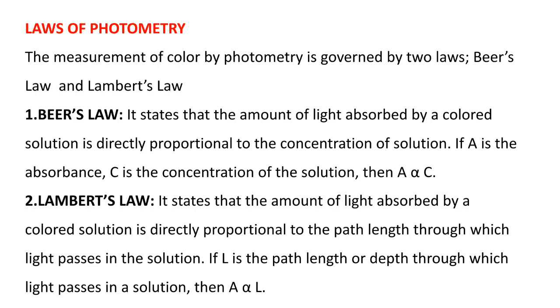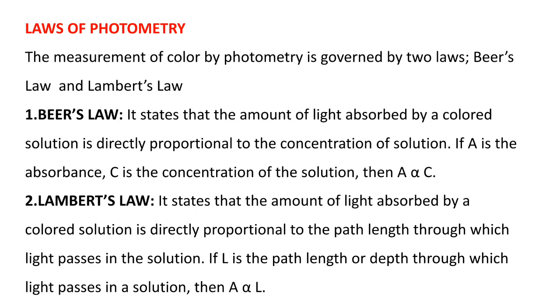Means when the light is passed through the solution, the color solution will absorb the light. If it is absorbing more light, the concentration is more. If it is less, the concentration is less. So if A is the absorbance and C is the concentration of solution, then absorbance A is directly proportional to the concentration of analyte or substance which is present in that sample.